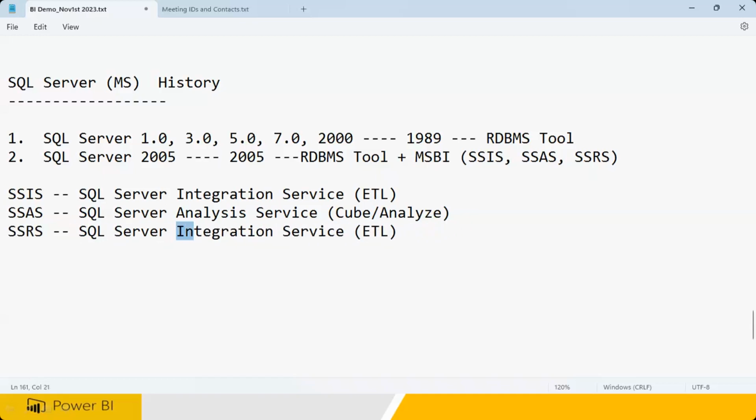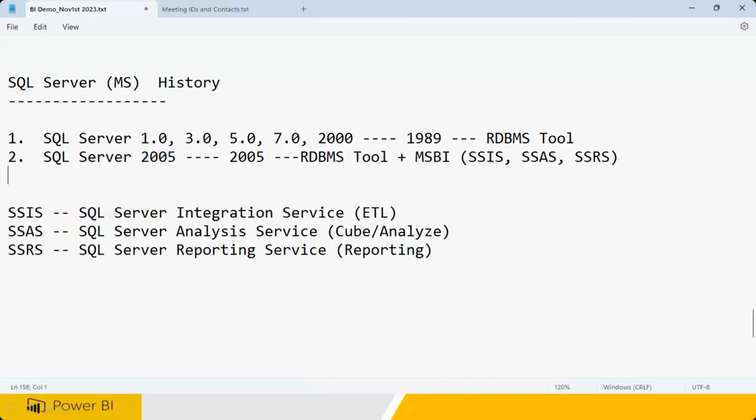Everything will be discussed in tomorrow's class. Clear? The best reporting tool in this world is Excel, but the problem with Excel is it cannot maintain a large amount of data. So these are the tools Microsoft gave you with the help of SQL Server.